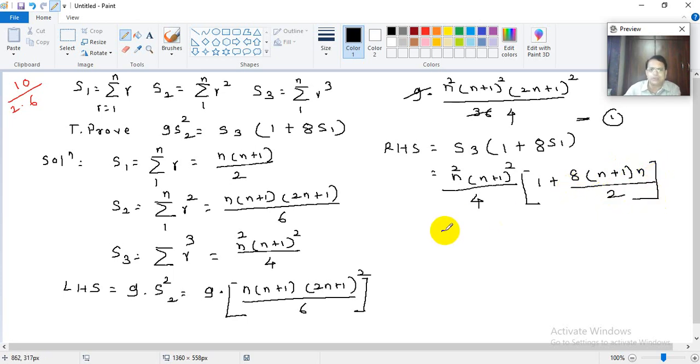So it is n squared, n plus 1 squared upon 4, into the bracket with this addition. Here the 2 cancels, and 4 comes here.